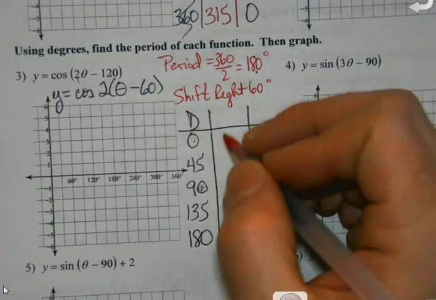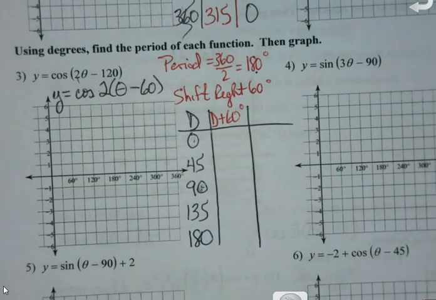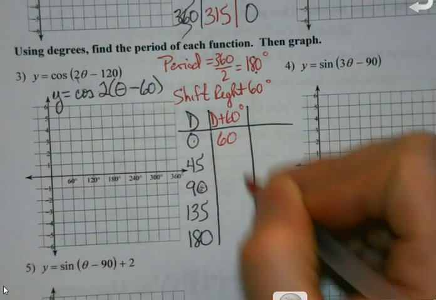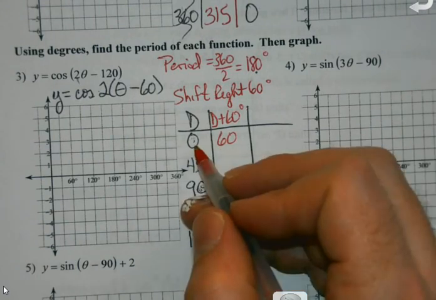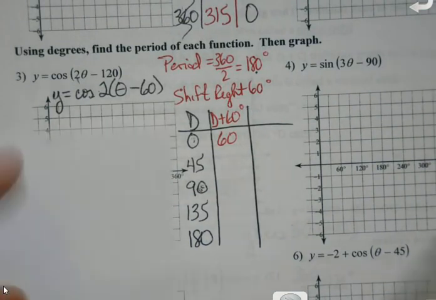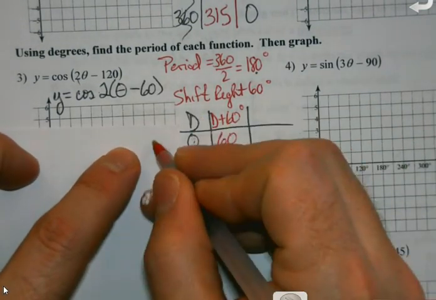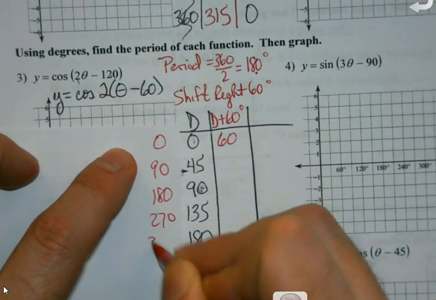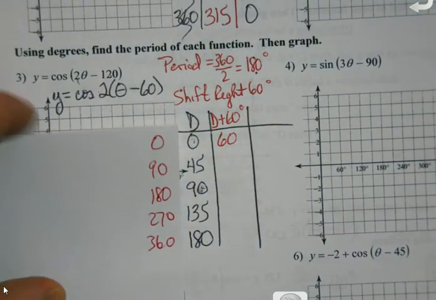But now I want my degree measure. I moved right 60. So I need to add 60 to all of them. How do you know that you have to start with 45, 90? Because what I'm basically doing here is, if I was starting with my regular degree measures, since you cut it in half, that's why. Exactly. Yep, we're just cutting those in half.